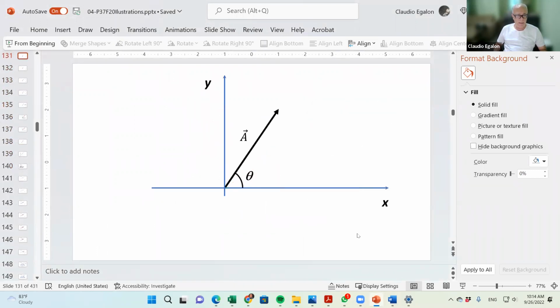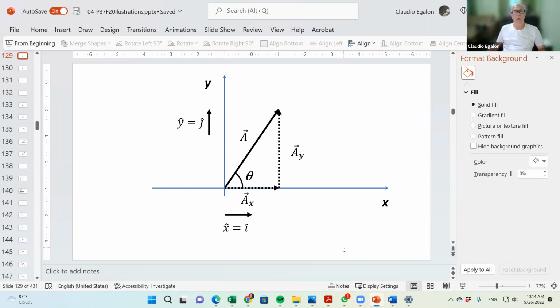Let me see if I did that here. Oh yeah, here you go. I illustrate them here. I can define arbitrary unit vectors that lie along the X and Y axis.